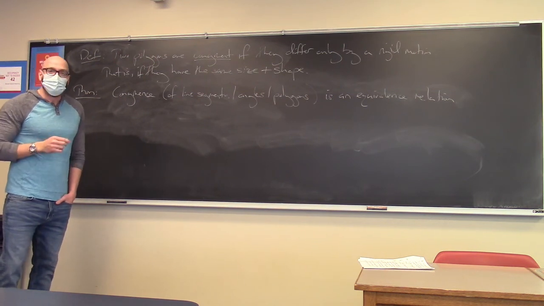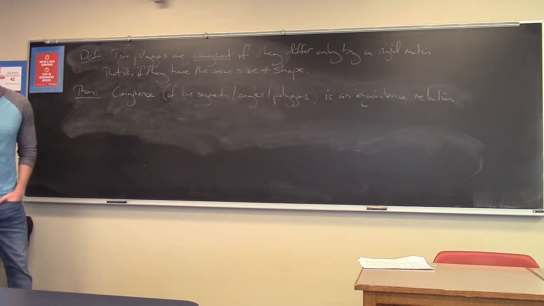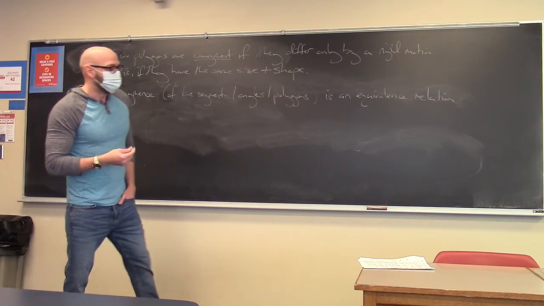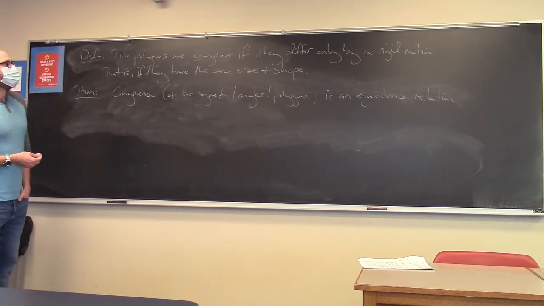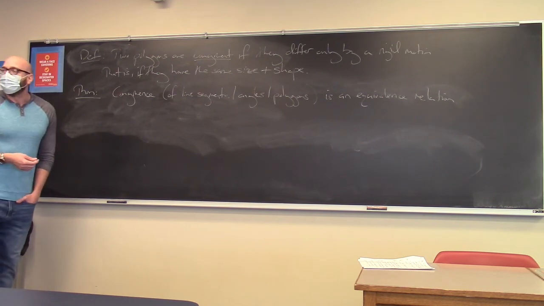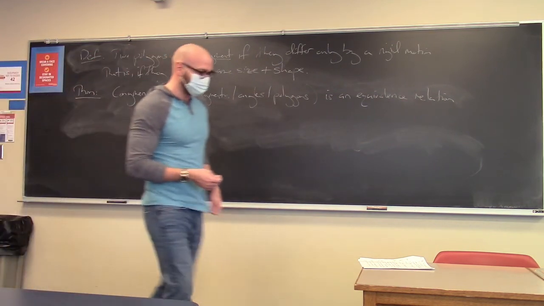And you guys remember what equivalence relations are, right? I'm sure 201 must talk about equivalence relations a lot, and I know you've all taken 317. In 317 you talk about these things.